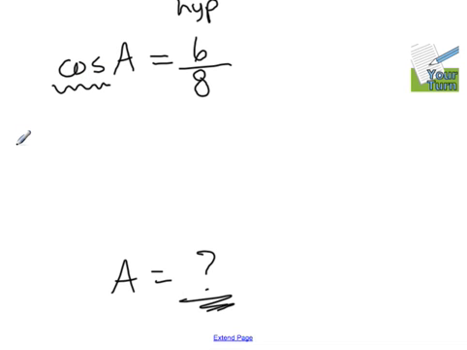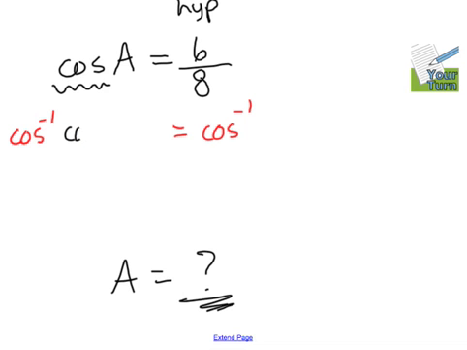What I do is I say, to get rid of this cos, I have to take the arc cos. Sorry, I'm going to write it the way you've got it on your calculator. I'm going to take the arc cos on both sides.